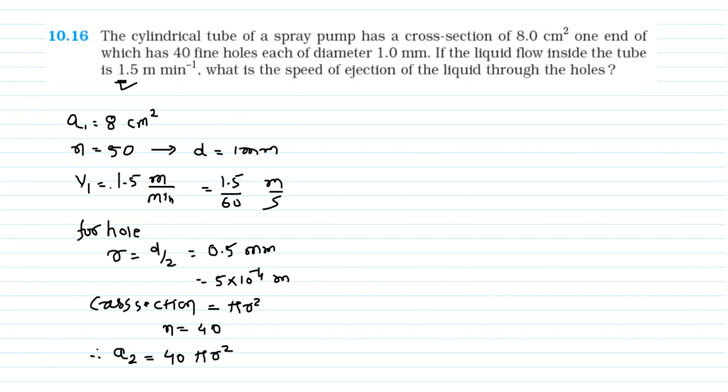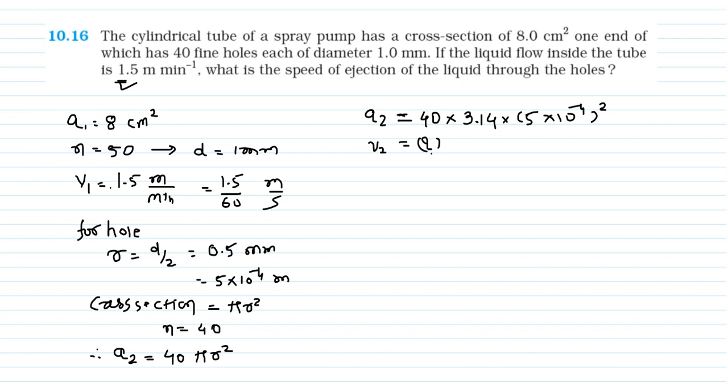That means here you can say A2 is equal to 40 into 3.14 into r square, 5 into 10 raised to minus 4 whole square, right? Now here you want to find out what?